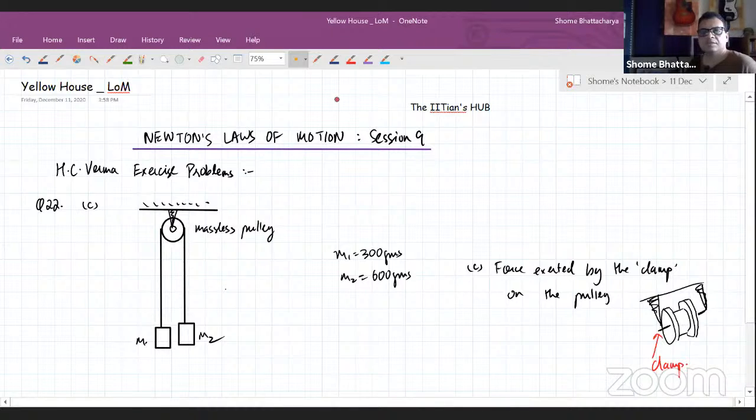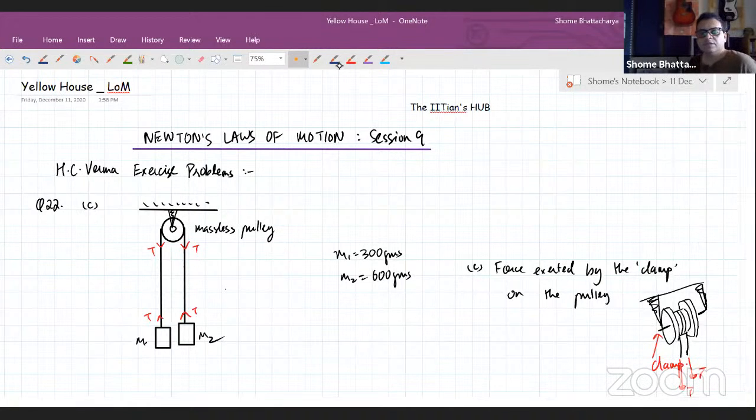What is happening here, you will understand, is that the tension in the string on both sides is going to be pulling, because the string is going around the pulley like this. From both sides, the string is pulling down with tension T and tension T.